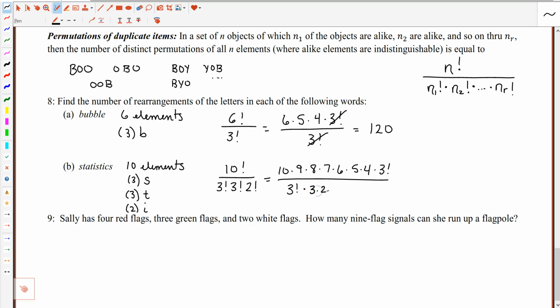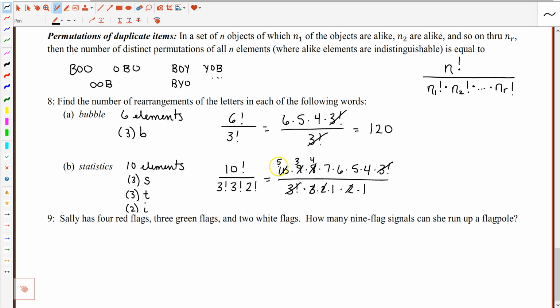The 3 factorial wipes out that one. This 3 I can simplify with that 9. This 2 I can simplify into that 10. This 2 I can simplify into that 8. And 1's in the denominator won't affect anything.